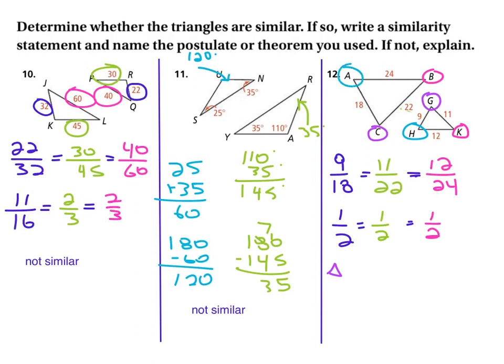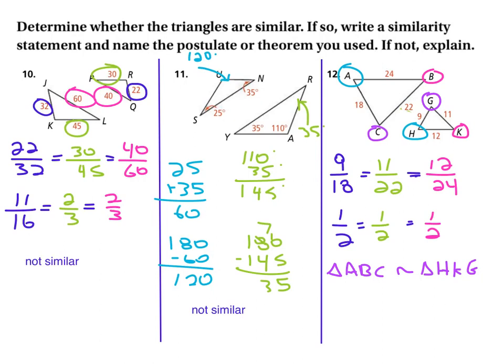So then we can match them up. If we said triangle ABC is similar to triangle, what matches with A? H. What matches with B? K. And what matches with C? G. So that's the similarity statement.